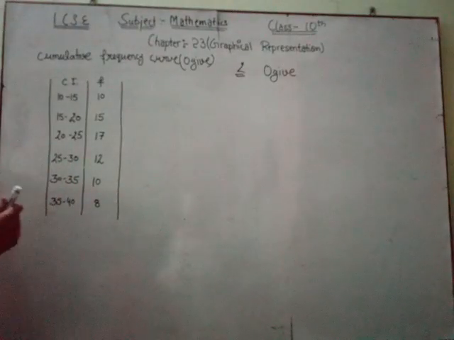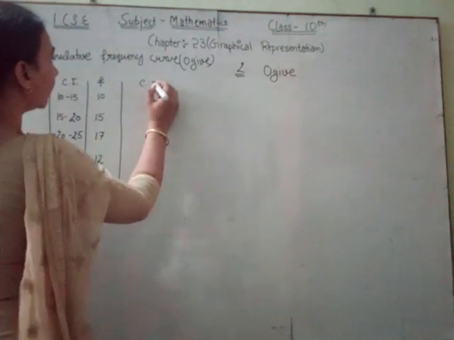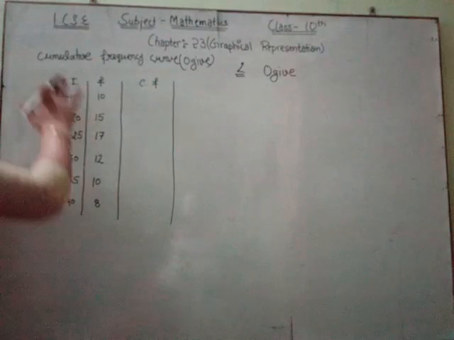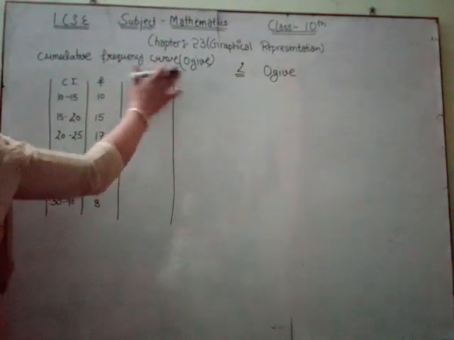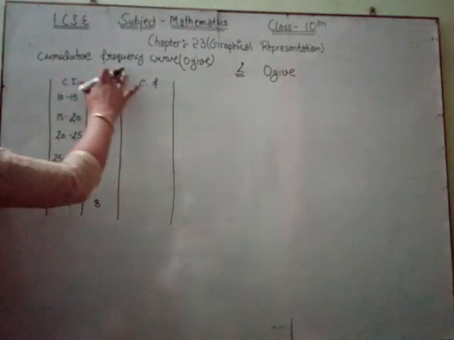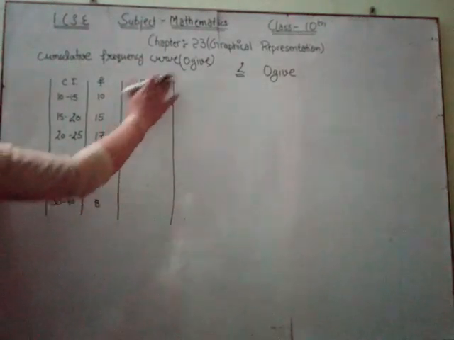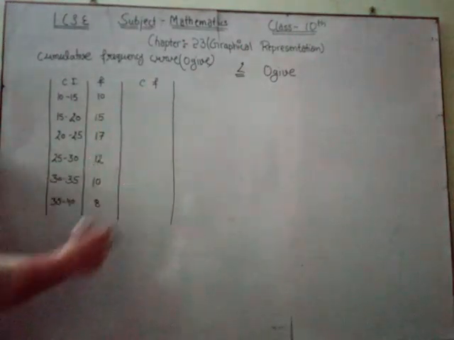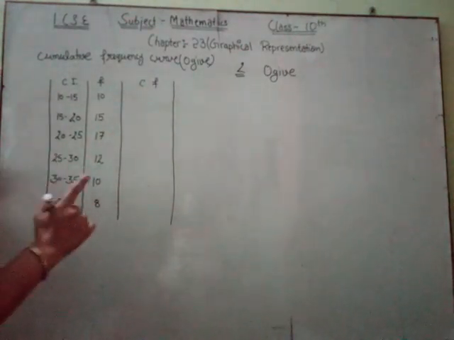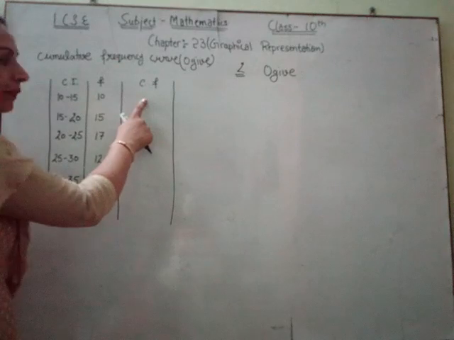For ogive, first we make a cumulative frequency. Cumulative frequency means CF. A cumulative frequency curve means ogive. This is the name of ogive, cumulative frequency curve. For ogive, first I make a cumulative frequency. You already know about cumulative frequency.